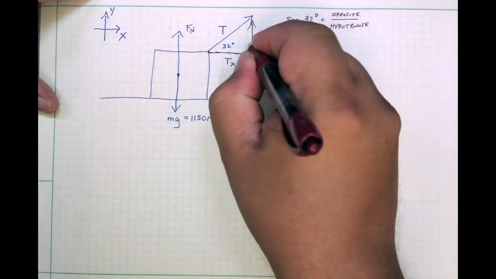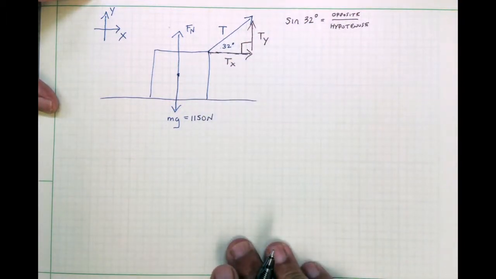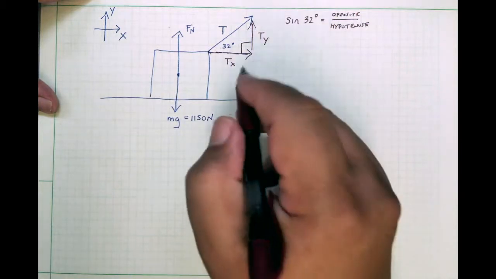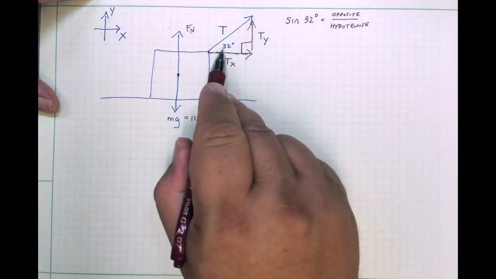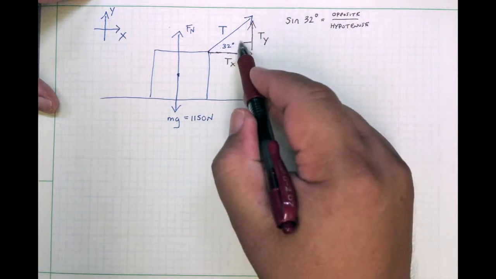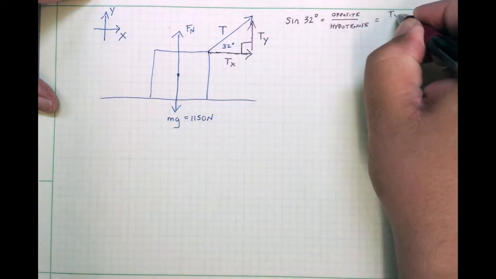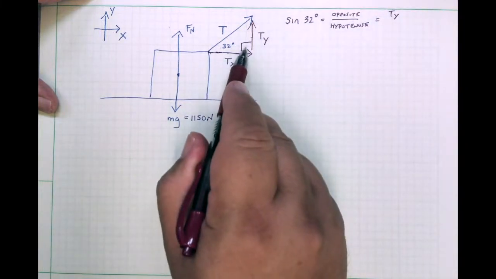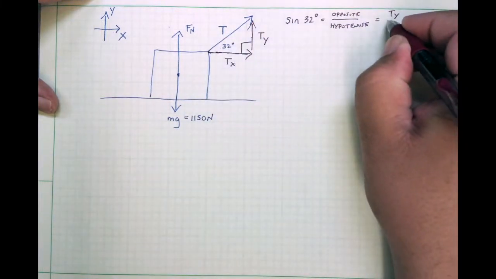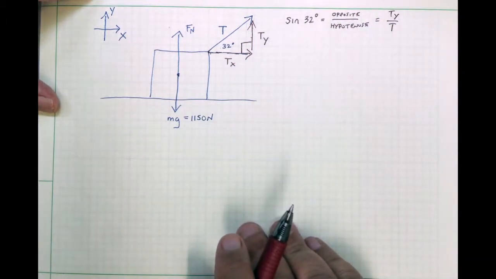Looking at this triangle, we remember that the x and y components make a 90-degree angle, and so the angle 32 degrees, opposite that is the side Ty, and the hypotenuse, the side opposite the 90-degree angle, is the tension T. Notice I haven't put in any numbers yet.